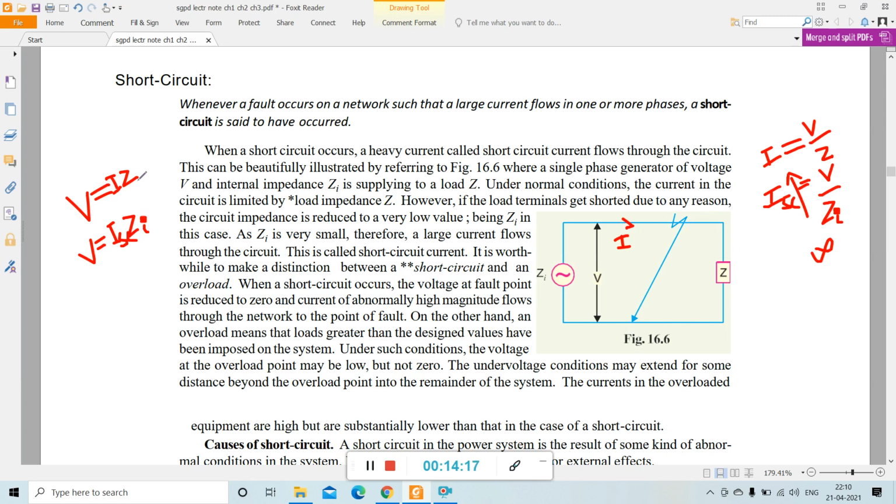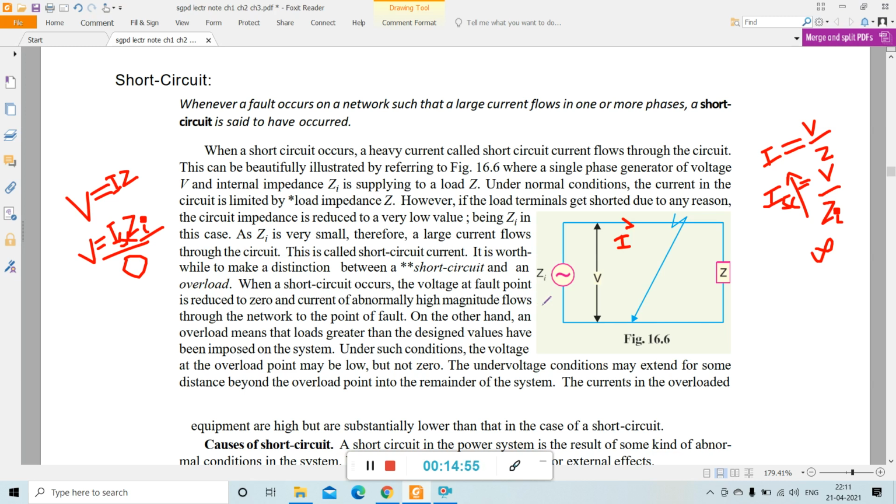If the load is cut off, there is no load impedance, and in this circuit there is only the internal impedance, which is negligible, or you can say it is 0. If this term is 0, then the overall term, 0 into something, is 0. So the voltage is now 0. When a short circuit occurs, the voltage at the fault point is reduced to 0 and an abnormally high current flows through the circuit to the point of fault.